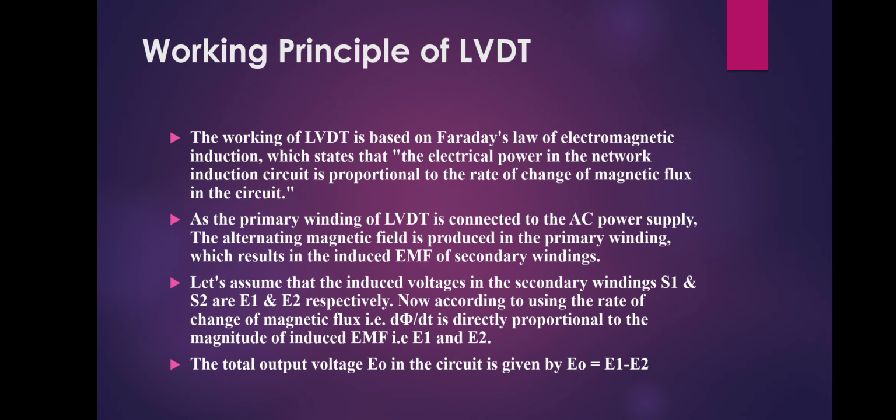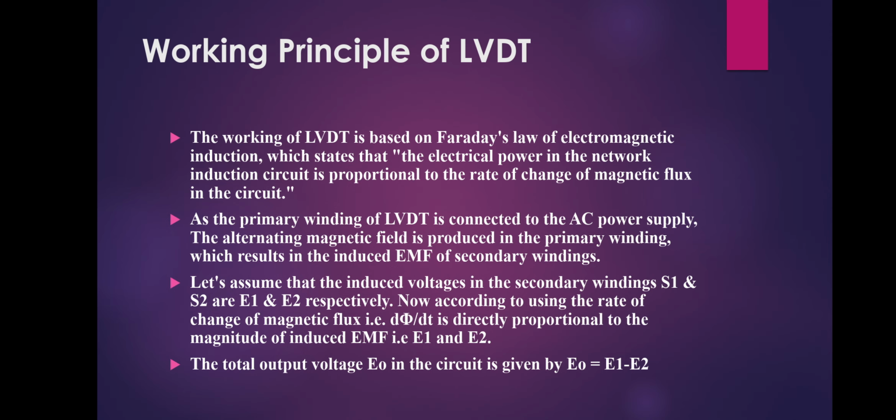Working principle of LVDT. The working of LVDT is based on Faraday's law of electromagnetic induction, which states that the electrical power in the induction circuit is proportional to the rate of change of magnetic flux in the circuit. As the primary winding of LVDT is connected to the AC power supply, an alternating magnetic field is produced in the primary winding, which results in an induced EMF in the secondary windings.